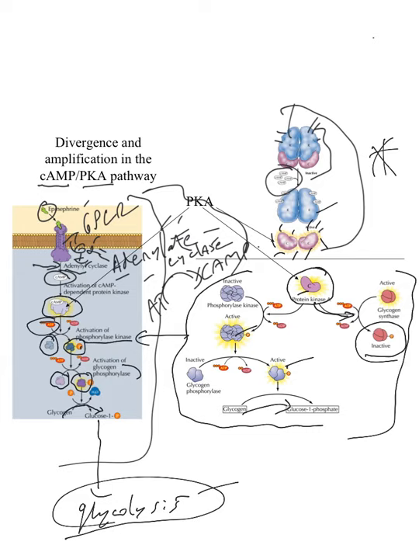It wouldn't make sense to convert glucose into glycogen to store it for later if we really want to increase metabolism in those cells. So let's inactivate the enzyme that builds up glycogen. So that's what I mean by divergence. The same step in the pathway diverges in two different downstream pathways.